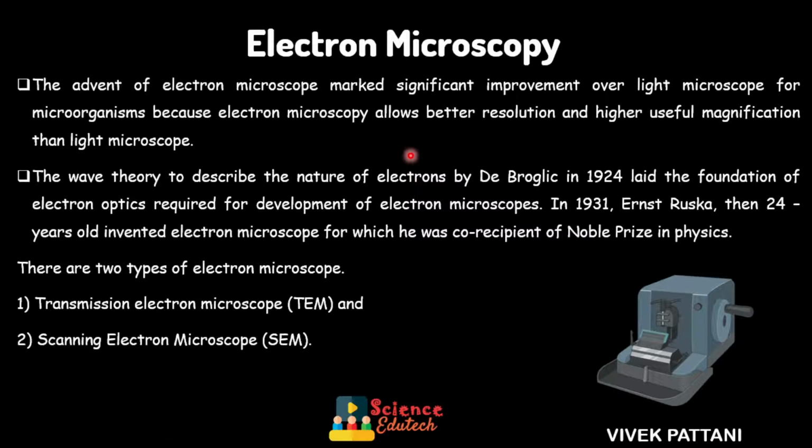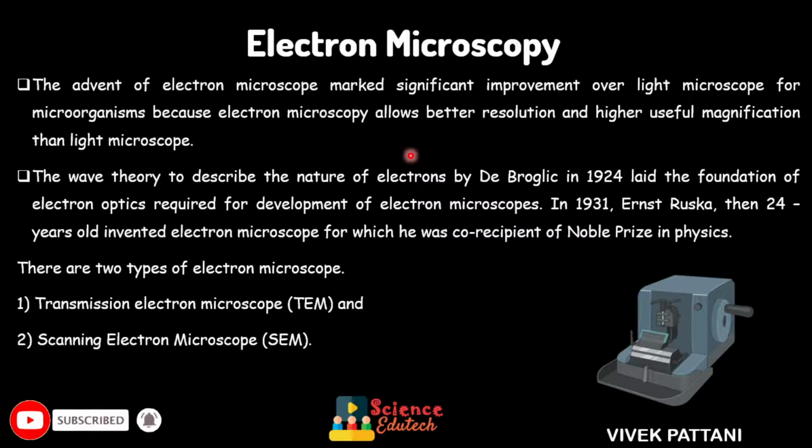The reason is very simple: better resolution and higher magnification than the light microscope. Better resolution means you can clearly see the structure, and with better magnification you can see the smallest of microbes. For example, viruses cannot be seen under light microscopes.